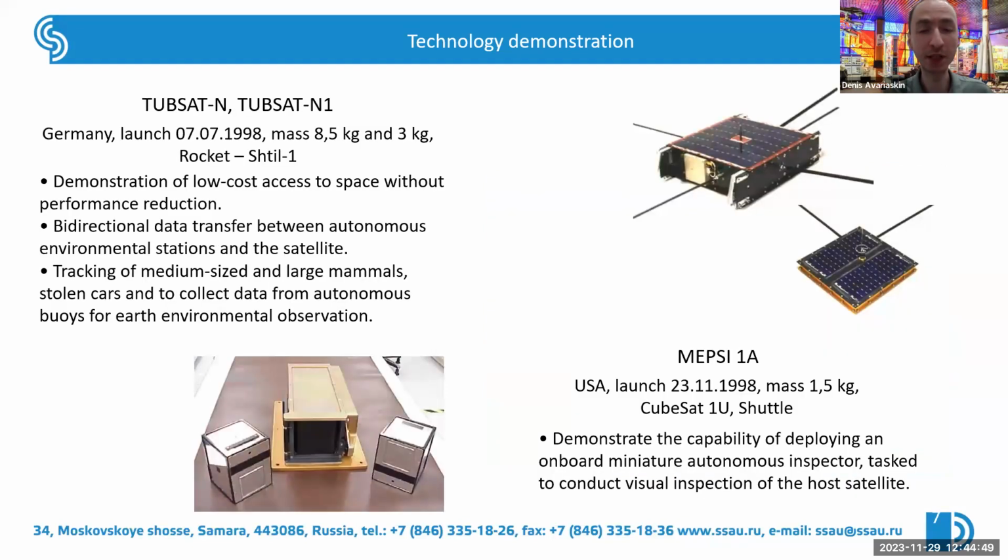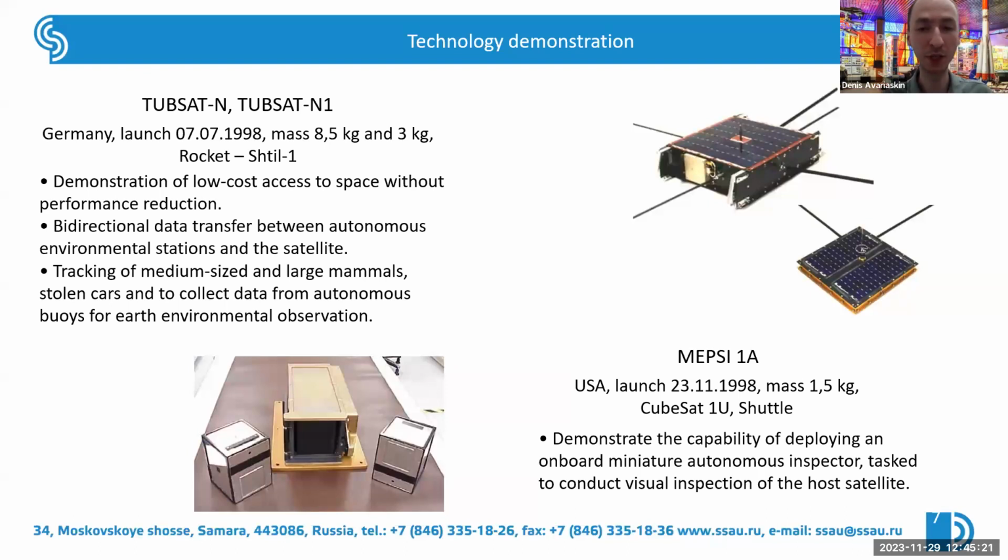So here are some examples of technology demonstration nanosatellites. On the left side of the slide, you can see the German nanosatellites TUBSAT N and TUBSAT N1. They were launched 35 years ago, in 1998.